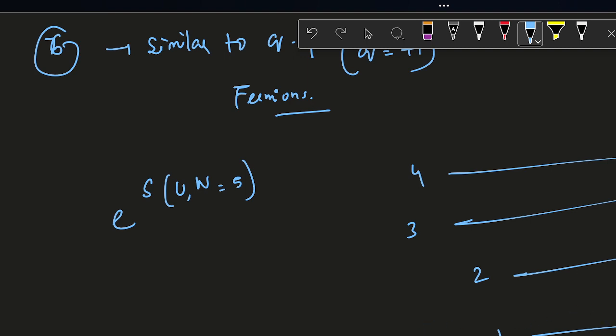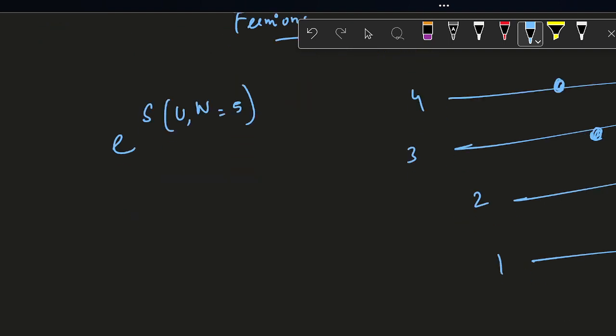So you can see that because they are fermions, if you at maximum put one particle per level, still you are short on the number of levels. That means you have still one particle left, but you have no level to put that particle, one extra. Okay. That means there is no configuration possible if they are fermionic particles.